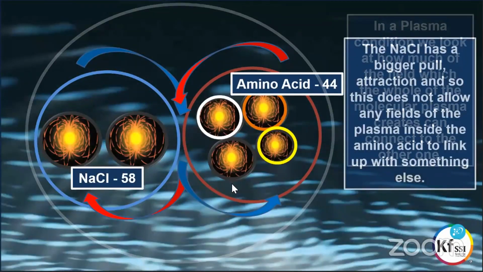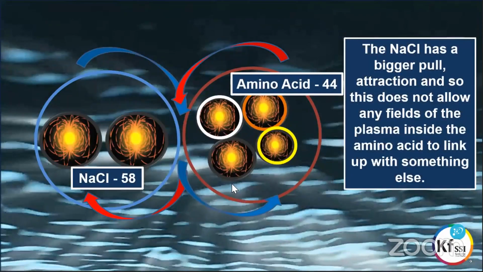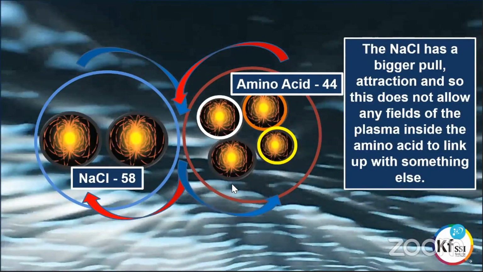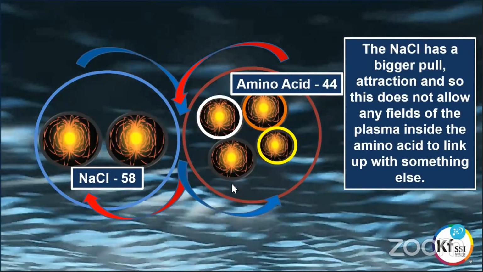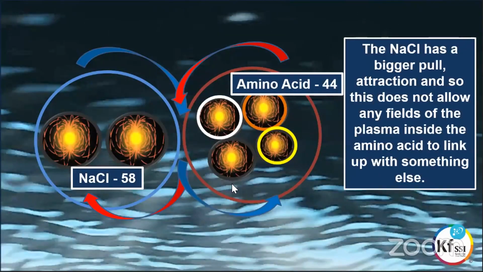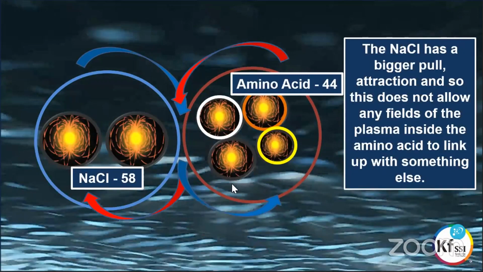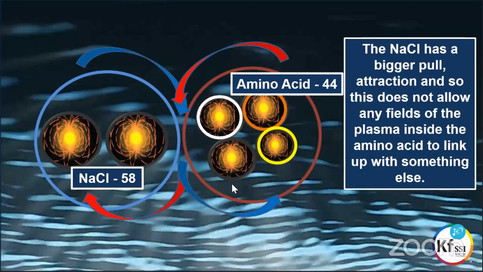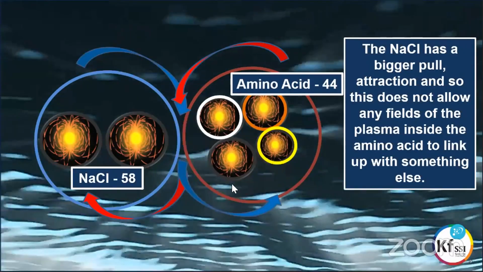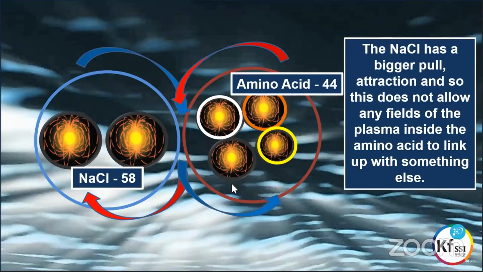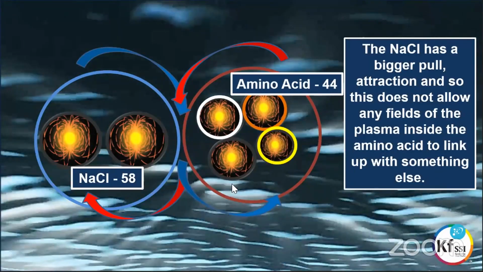When you look at these two, the sodium chloride has a bigger pull, a bigger attraction. It's a bigger magnet compared to your amino acid structure. So this doesn't allow any fields of the plasma inside the amino acid to link up with anything else.